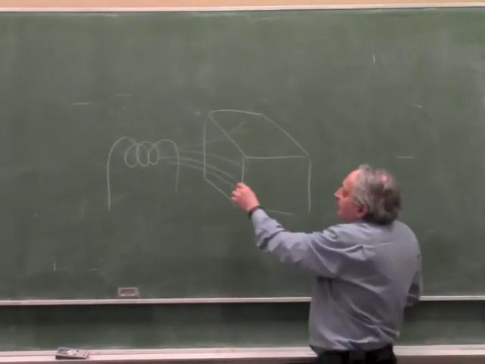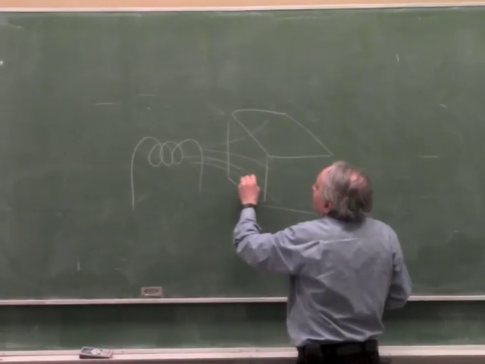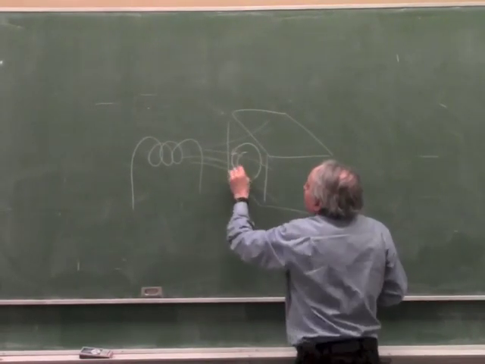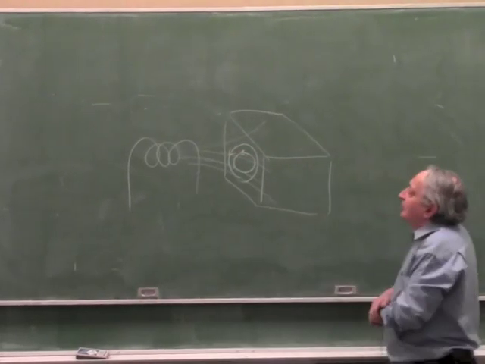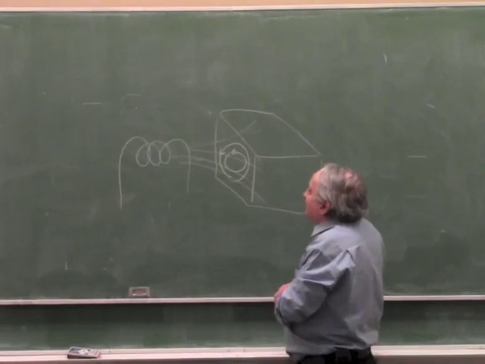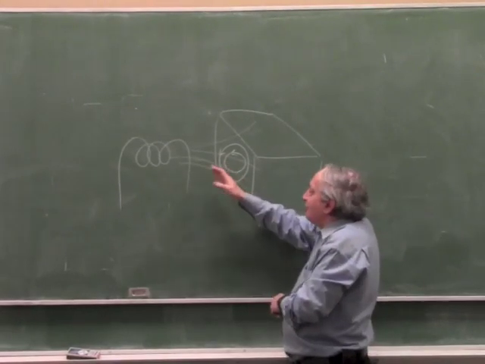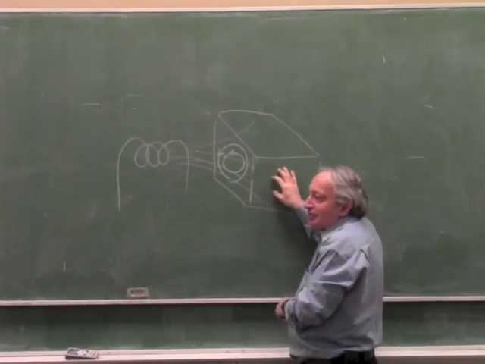Now, this changing magnetic field will induce an electric field which will cause currents to circle inside the box, but these currents wouldn't be able exactly to balance out the magnetic field. So it will kill most of it, but there will still be some residual field.